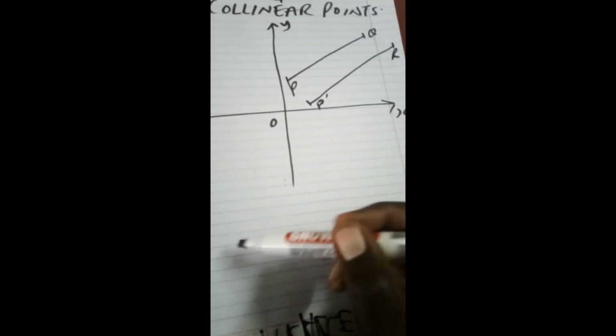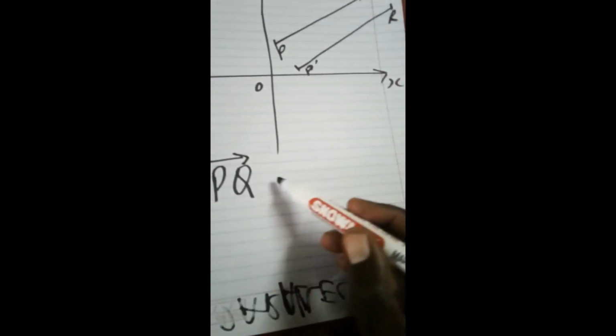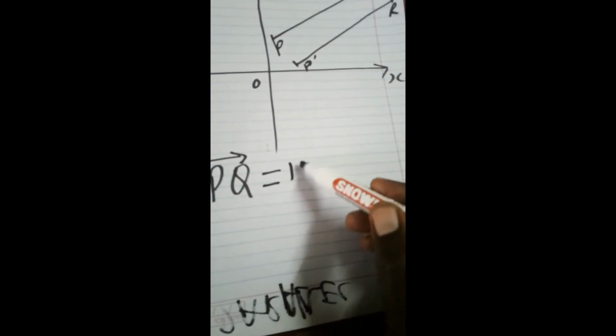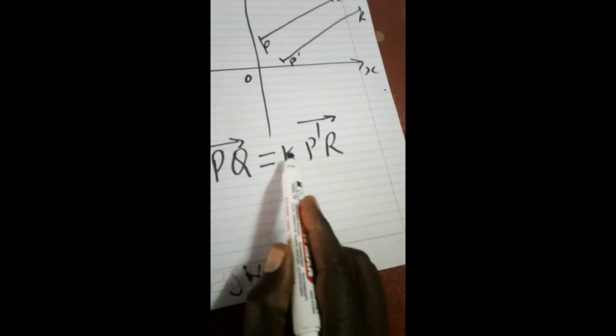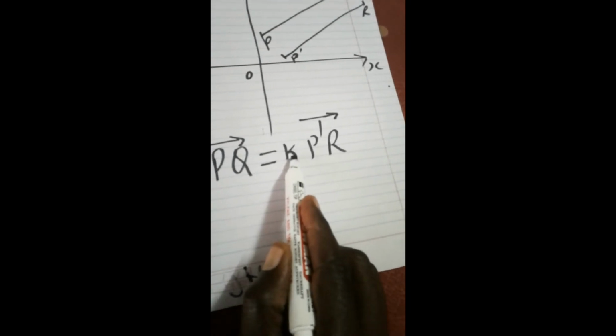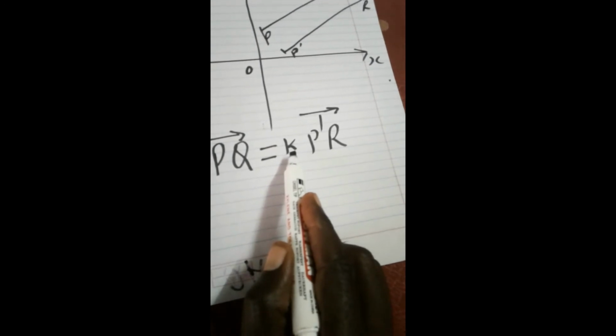So if lines are parallel, it will mean that PQ, if we use vectors, will be equal to a constant, say K, times P prime R, whereby K is the one that shows their connectivity as parallel lines.